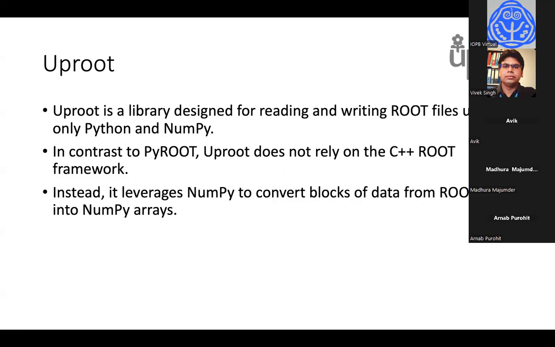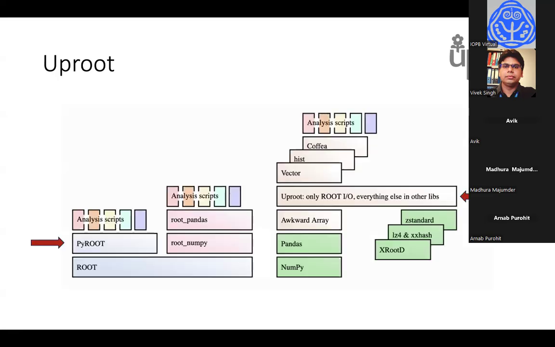I will not go into the details of that, but I will just touch upon it so that you can understand what it does. Still, you basically have to convert the C++ objects that are stored inside root into Pythonic objects, right? And then do all the machine learning stuff that you want to. I will come to that.